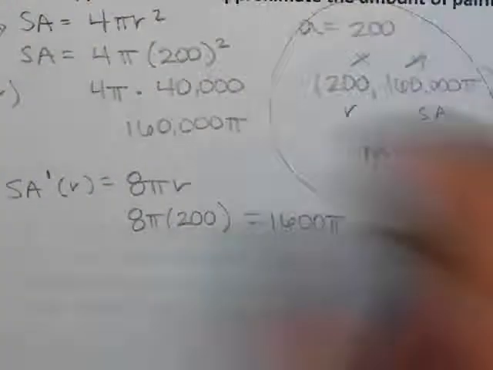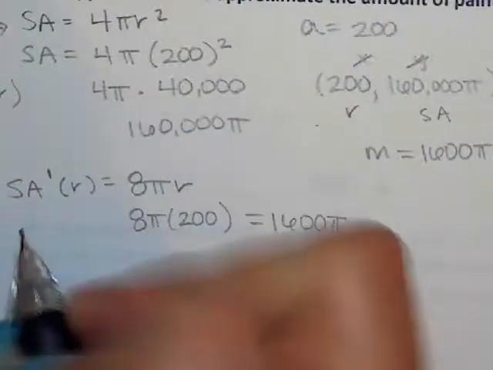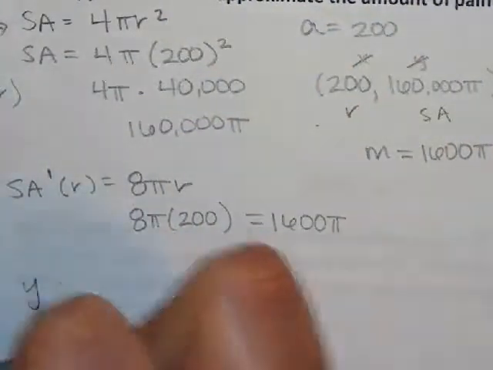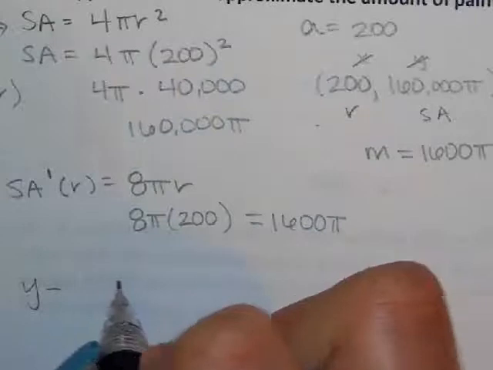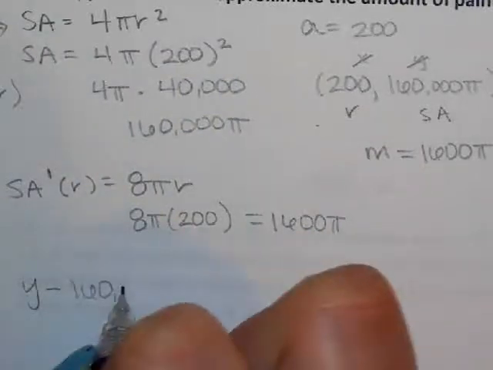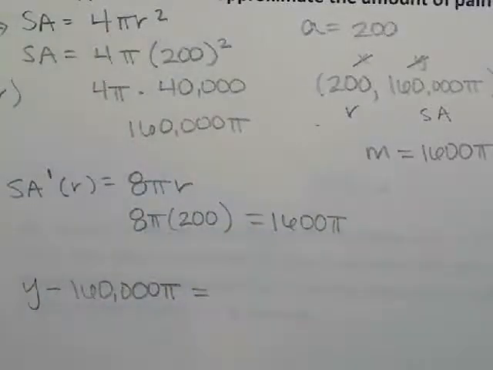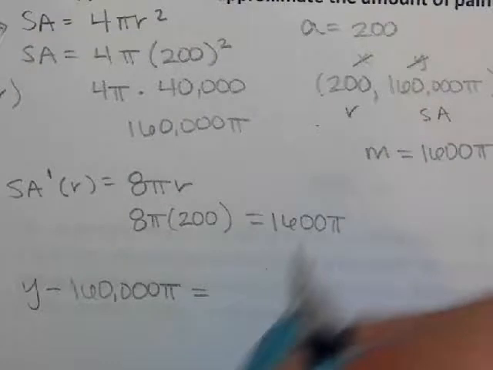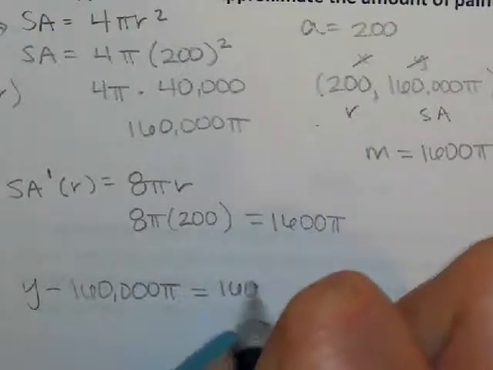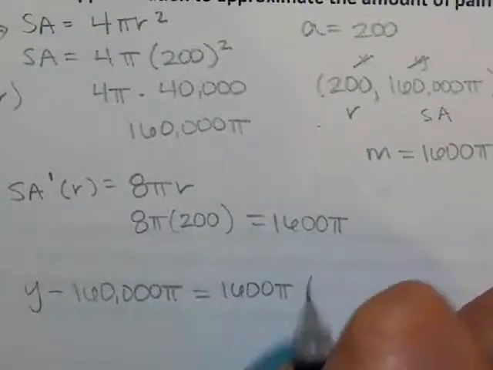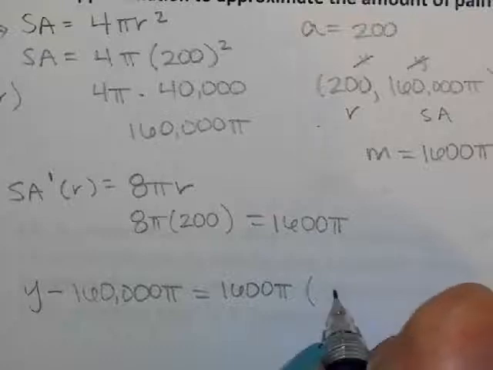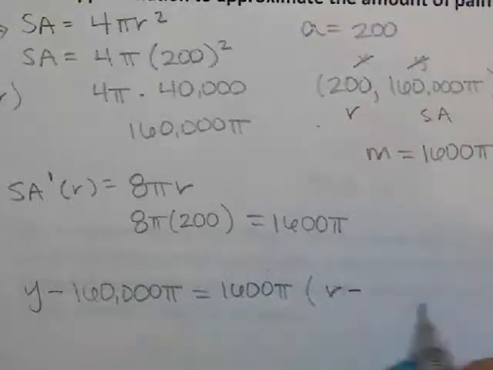So we've got y minus the y value equals slope times x minus, or in this case, r minus 200, right?